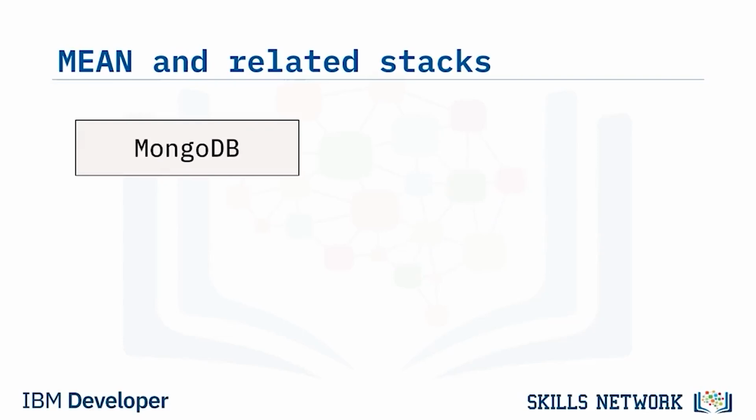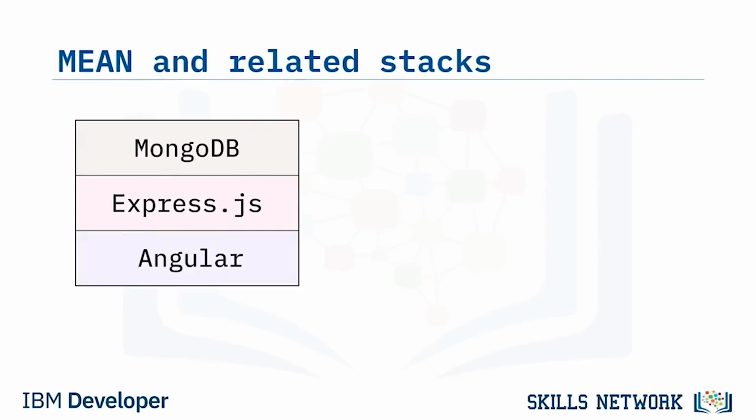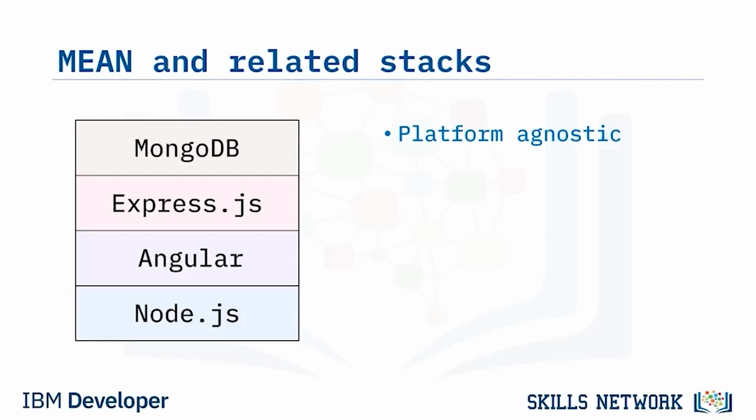The MEAN stack uses a MongoDB database with an Express.js web application server framework, the Angular framework for front-end JavaScript development, and the Node.js platform for server-side scripting. The MEAN software and services are platform-agnostic, free, and open source.